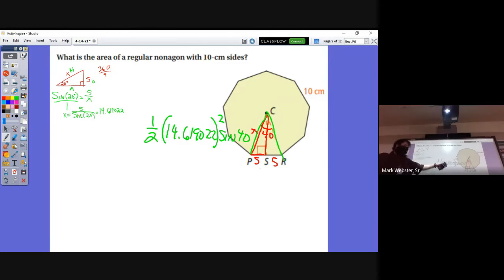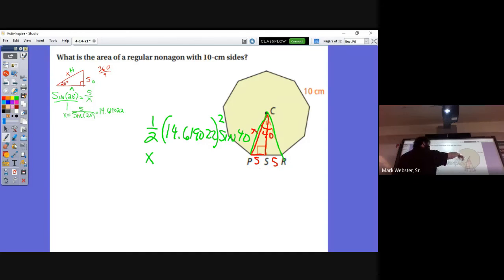It's just this number is now slightly uglier. Not a lot uglier, just a little bit. Just a couple extra button pushes. And to be honest, if you've already got that number saved in the calculator, you can just work around it. So I'm going to square it, divide by 2, multiply by sine of 40. Didn't even have to do any extra typing, right? That's the beauty of having this calculator in front of you.